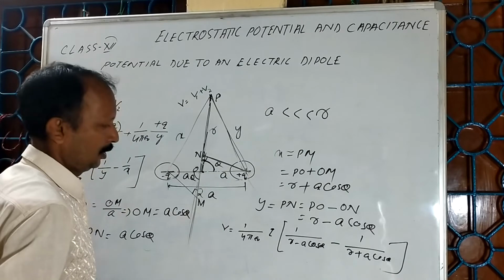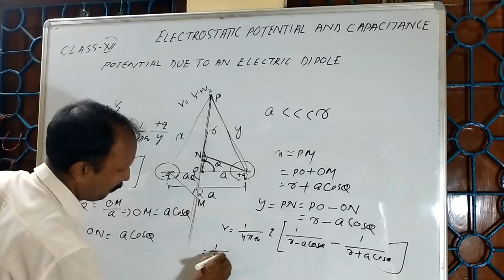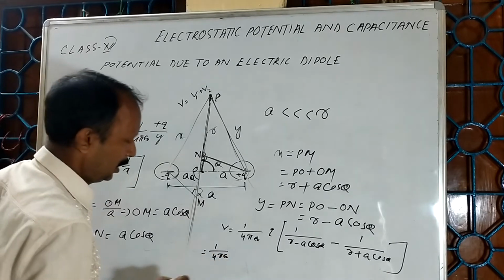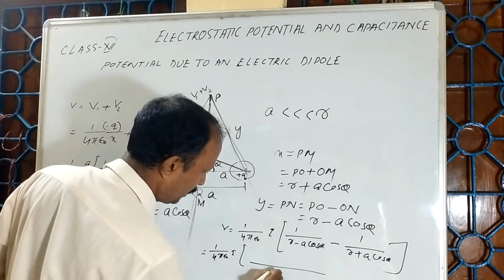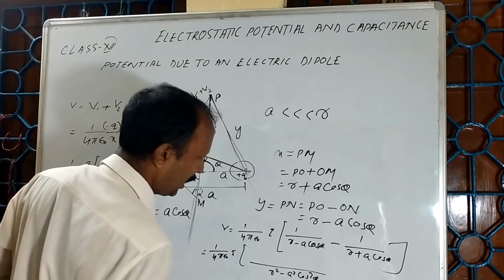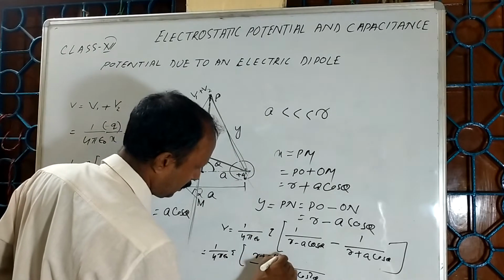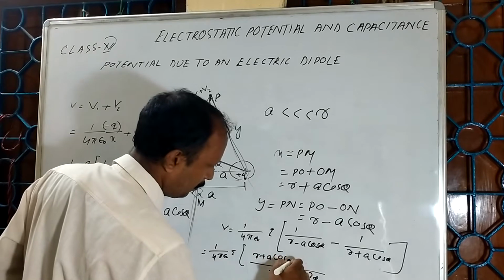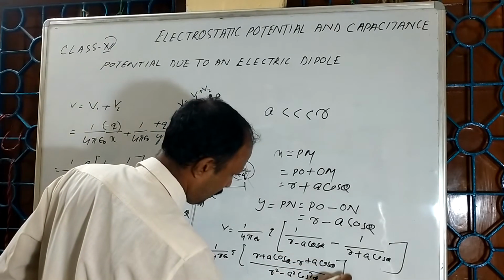See here. Taking the LCM, this is 1 upon 4 pi epsilon naught q into the numerator r plus A cos theta minus r plus A cos theta, over r square minus A square cos square theta.